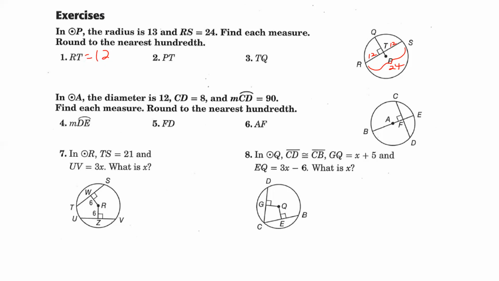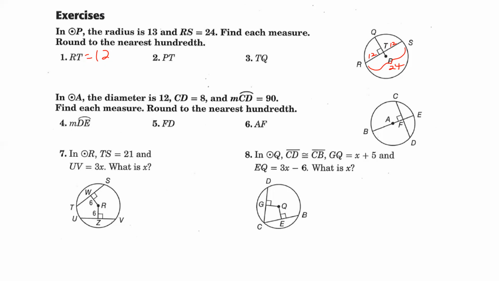Do I have enough information on that diagram right now? The only thing I didn't label was the radius, which is 13, which is this entire thing. That's these two combined. But do I have a way to solve for them individually currently, the way that diagram is drawn? No. I need to add something to it.